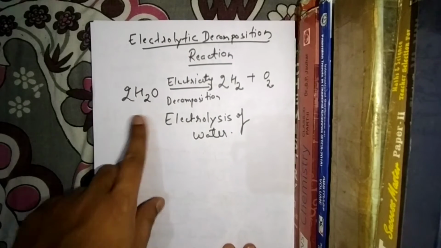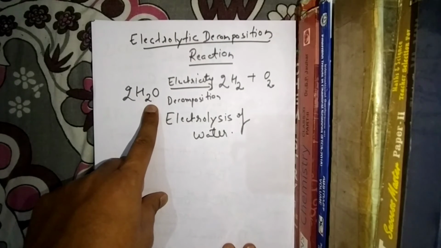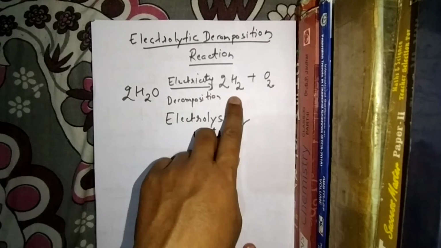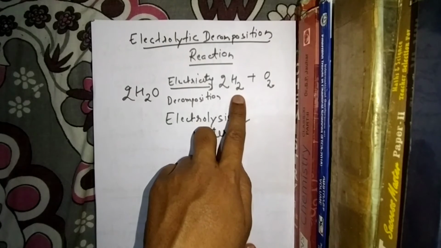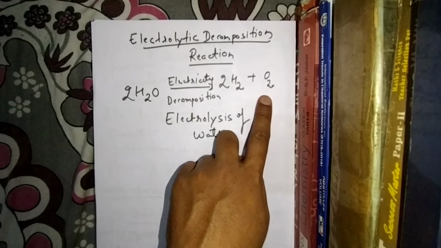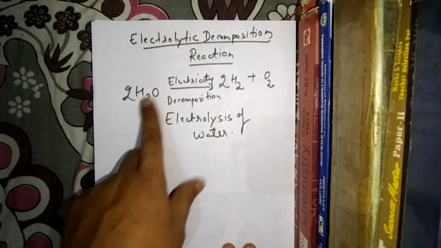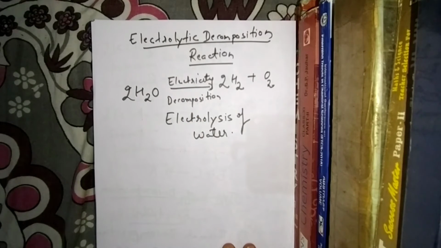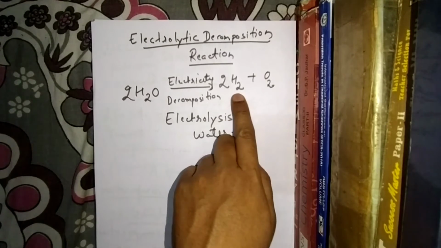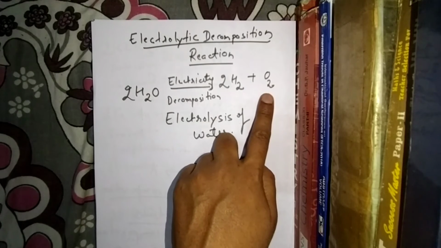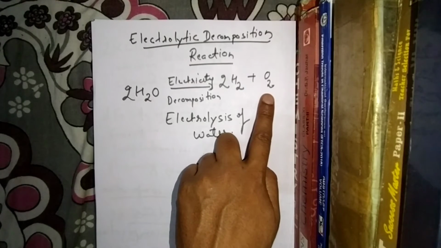Electrolysis of water. When we pass electric current to water, then we get two gases, hydrogen and oxygen gas. So this is the example of decomposition reaction, where decomposition is taking place with the help of electric current. We get these gases at two separate electrodes. One is anode and another is cathode.